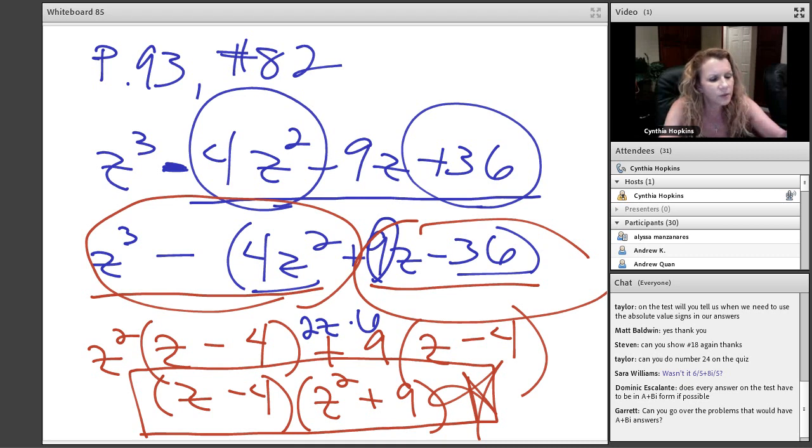So it says variables may have negative values, so use absolute values as necessary. Same idea is going to be on the test. That means you need to read your directions. If they don't want you to use that absolute value rule, they'll just say, assume all variables represent positive real numbers. Then you go, okay, I don't need to worry about that rule. Okay, all right, Matt, you're welcome.